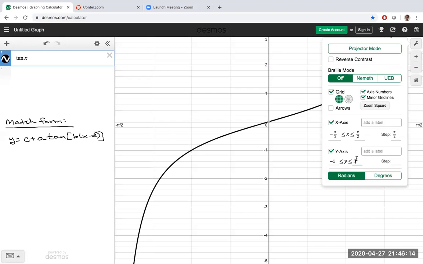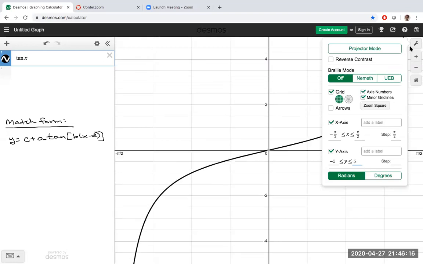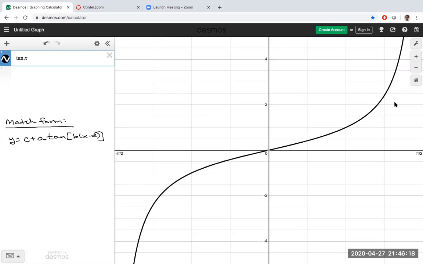Okay, so now this is our parent. Parent graph or function is y equals tangent x.